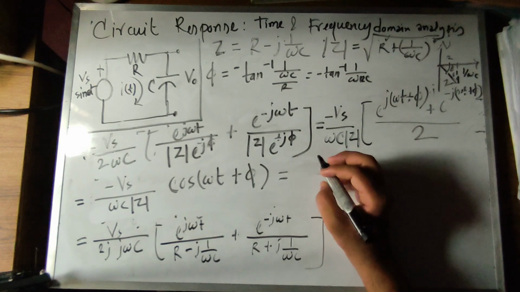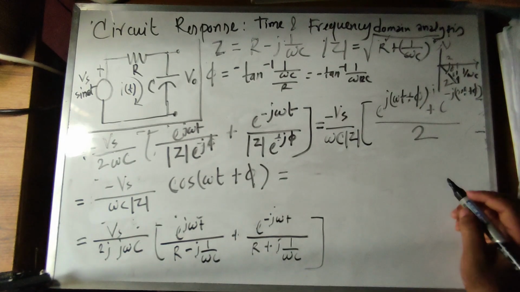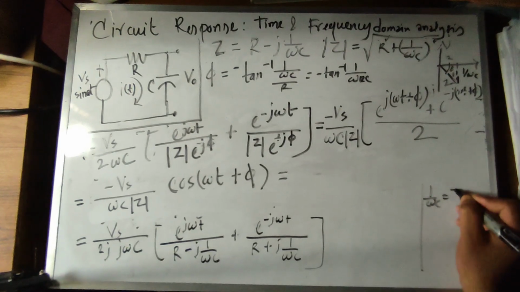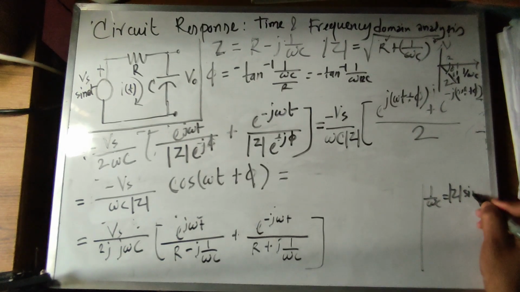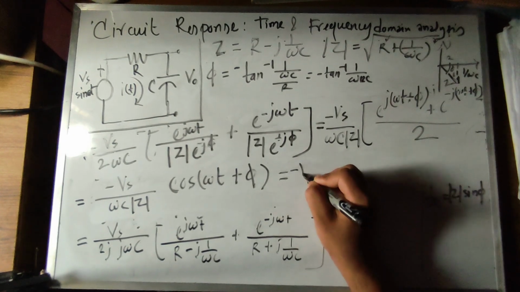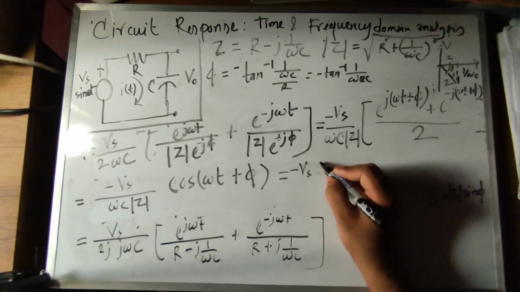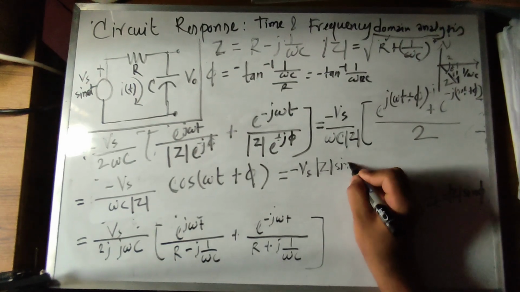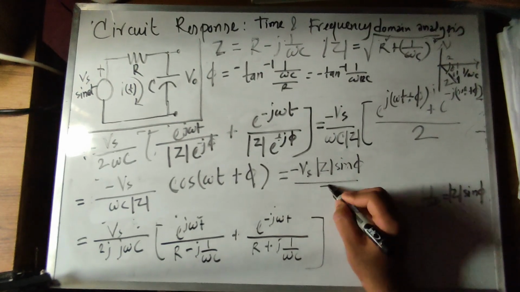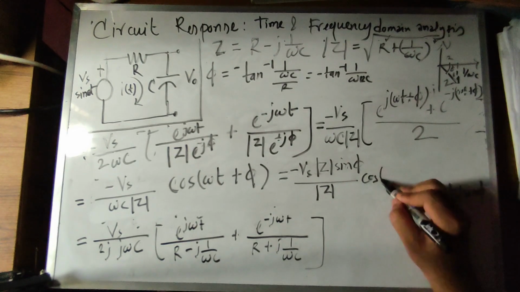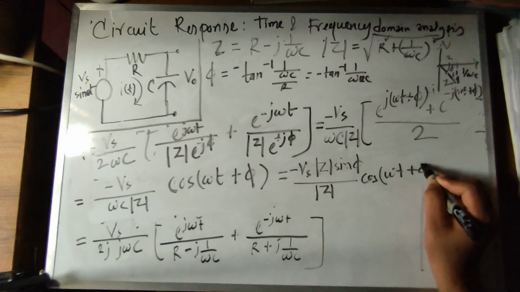So if we say that 1 by omega C is Z sine phi, this will definitely give us minus Vs Z sine phi by Z cos omega t plus phi.